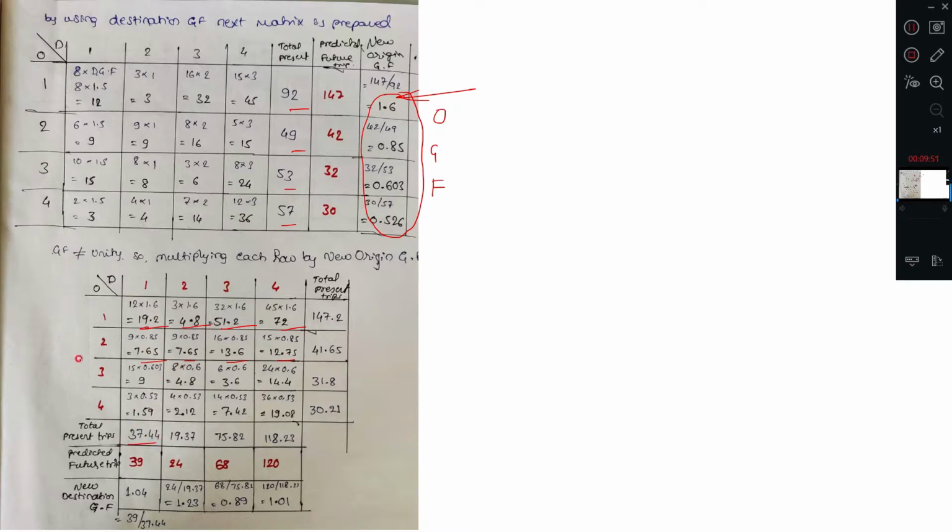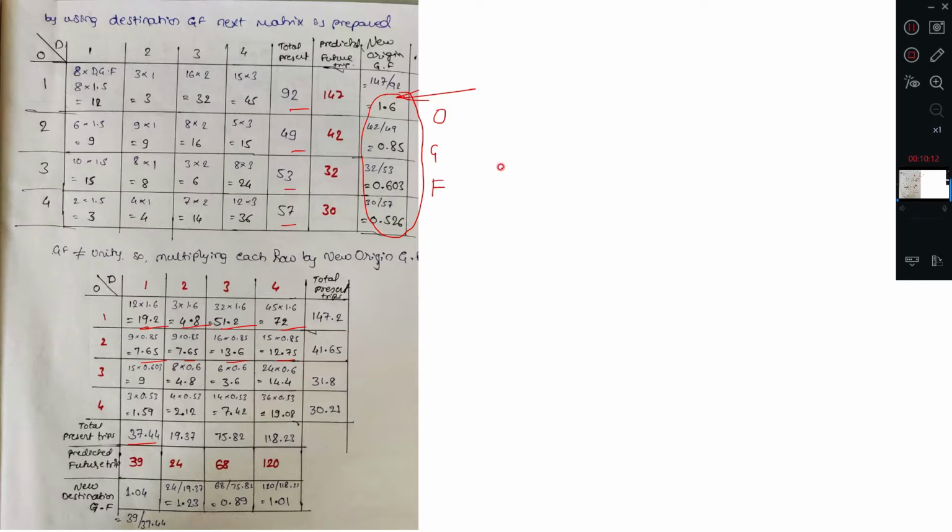So do cross check using calculator simultaneously, then only you can understand. Otherwise it is very difficult when you try to solve on your own. So do practice, then only it will be easier. Otherwise, just for discussion purpose, it may be easier.